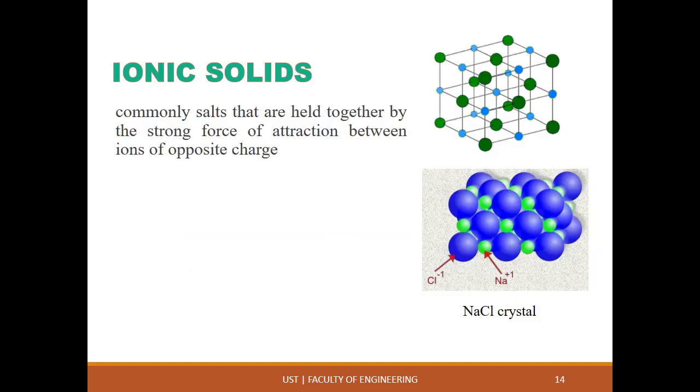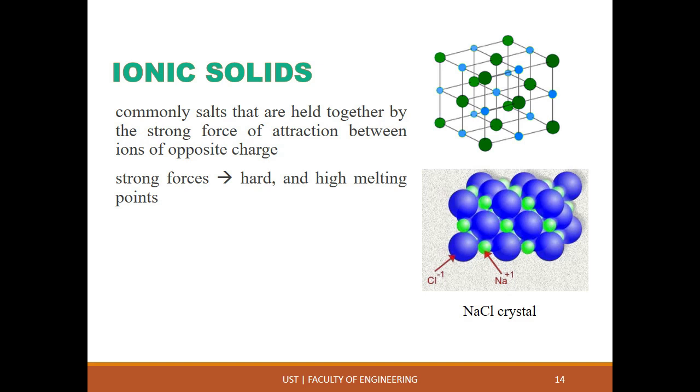The ionic crystal structure consists of alternating positively charged cations and negatively charged anions. The ions may either be monoatomic or polyatomic. Generally, ionic solids form from a combination of group 1 or 2 metals and group 16 or 17 nonmetals or nonmetallic polyatomic ions.